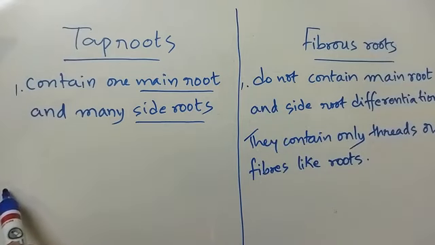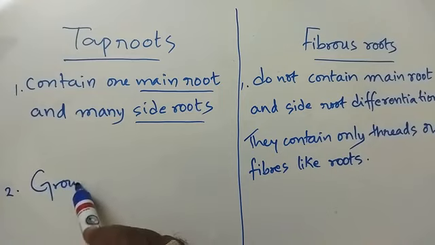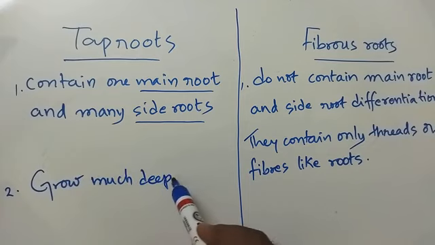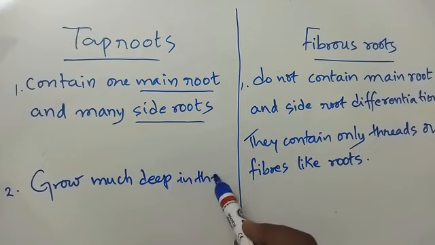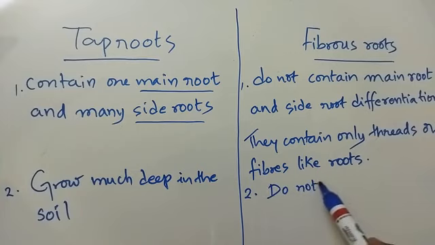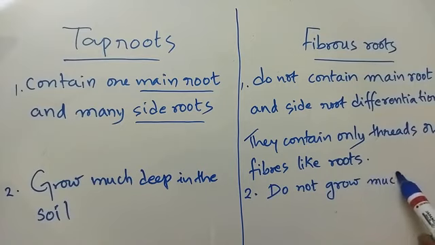The second difference is tap roots grow much deeper in the soil. Fibrous roots do not grow much deep in the soil.